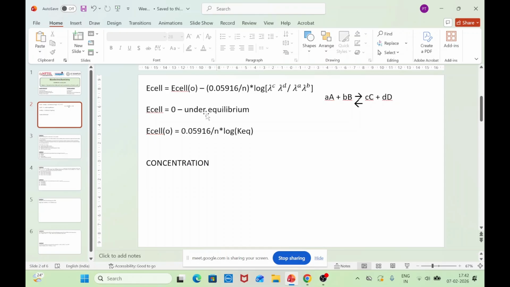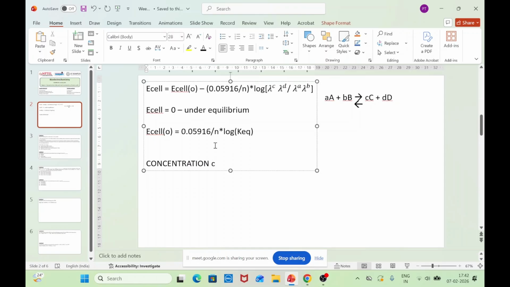So now let's move on to the concept of so-called concentration cells. The concept of concentration cells is quite simple.